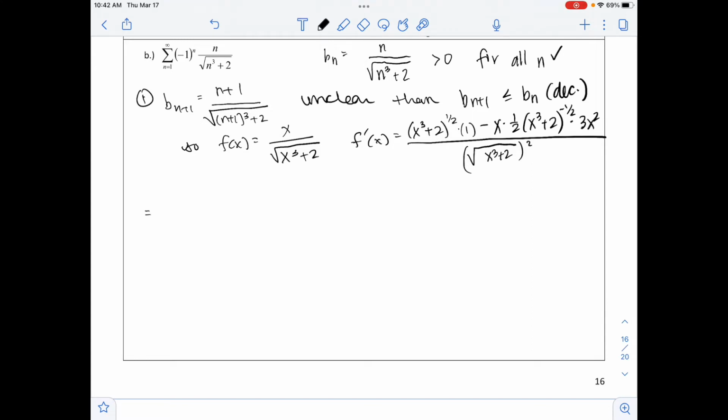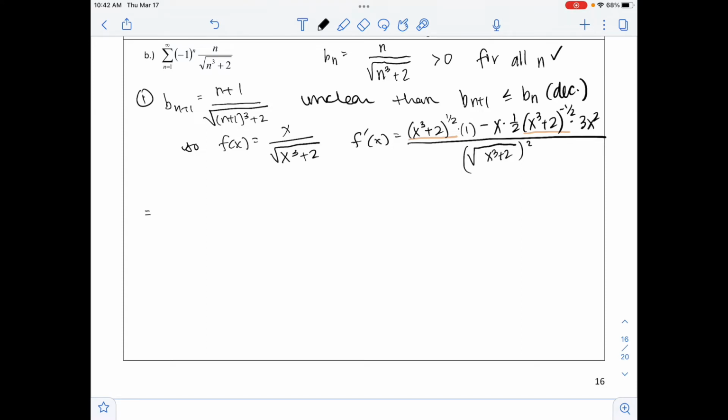And so from here, we're able to clean this up. I noticed that both of these terms have a x cubed plus 2 to a power. And so I'm going to go ahead and factor out the smaller one, which would be x cubed plus 2 to the 1/2.